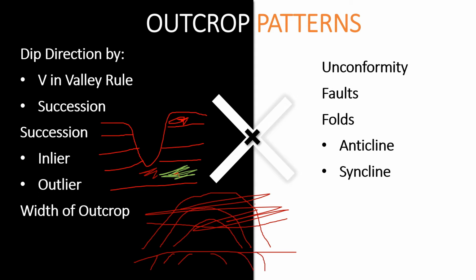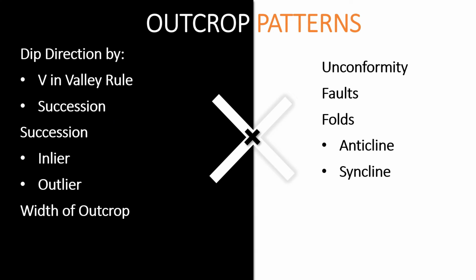So this is the older rock layer, and this is the younger rock layer, and the older rock layer is surrounded by the younger ones. So this is a case of an inlier, because the older rock layer is surrounded by the younger rock layer.